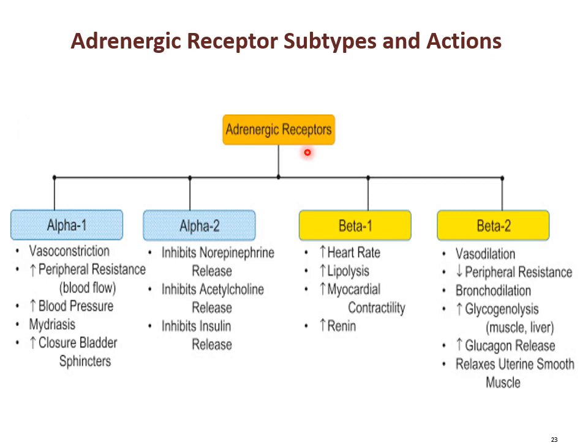There's actually even further breakout of these, but for our purposes here, we're going to stick with alpha 1, beta 1, and beta 2. You can get an idea of what happens when you activate these different receptor populations, but we're going to go into that in detail when we're talking about the sympathetic nervous system.